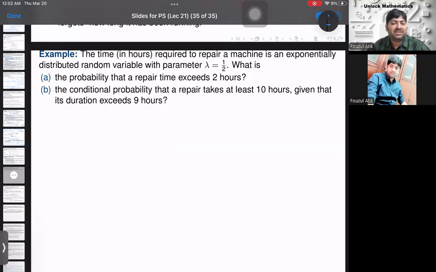Then what is the probability that a repair time exceeds 2 hours? First of all, let us write the density function. Let x be this random variable. So the density function of x is f(x) equal to 1 by 2 e to the power minus x by 2 whenever x is greater than or equal to 0, and equal to 0 otherwise.